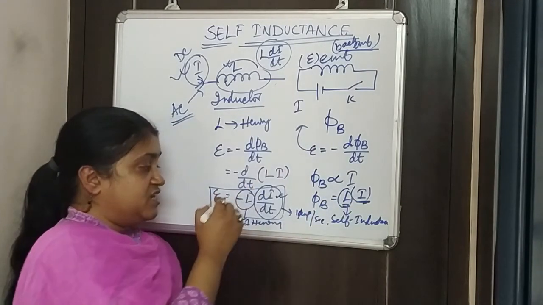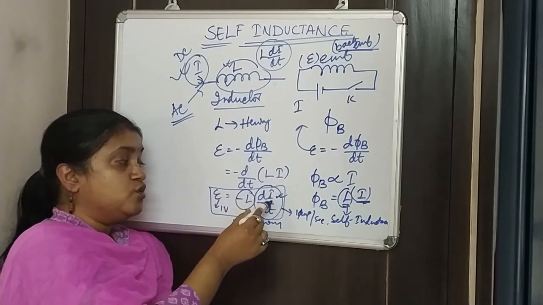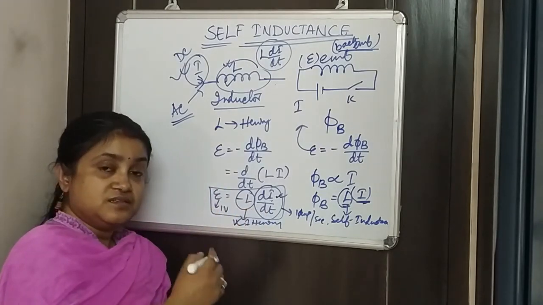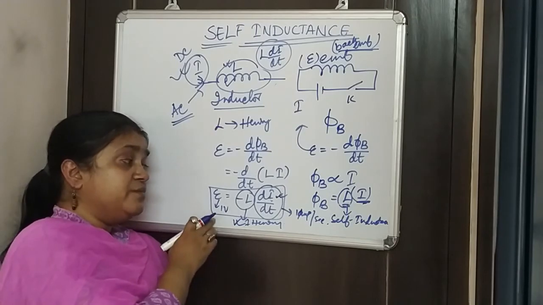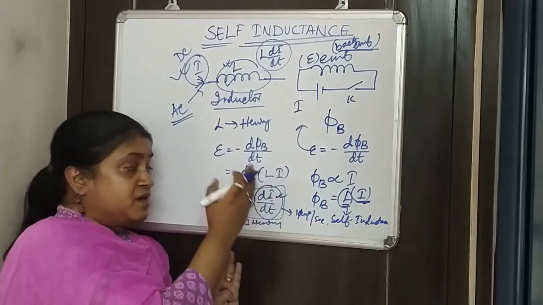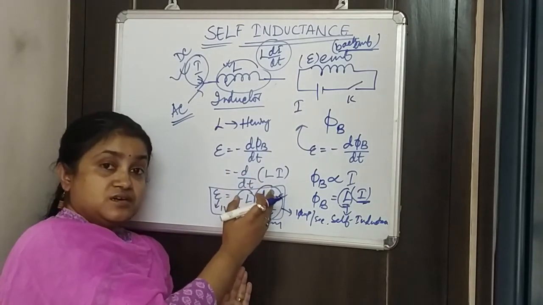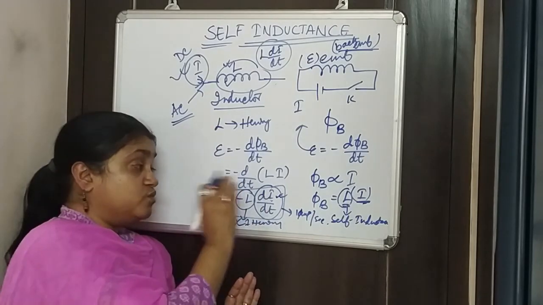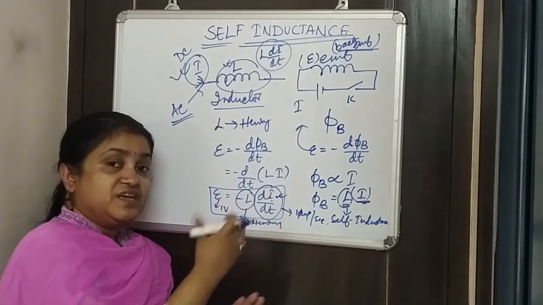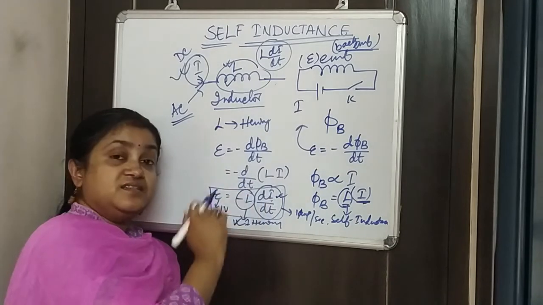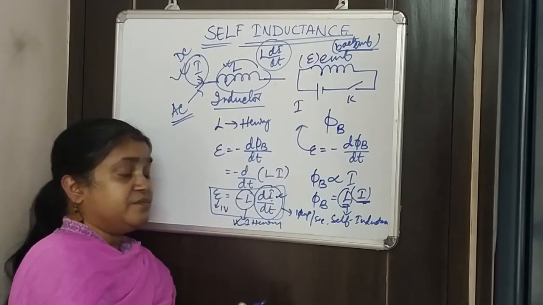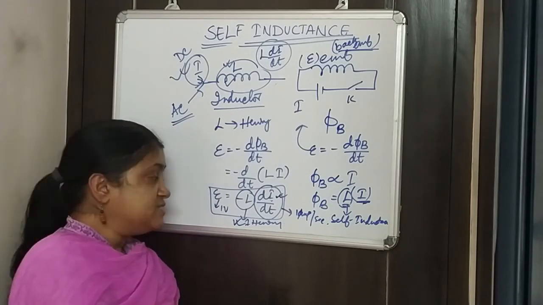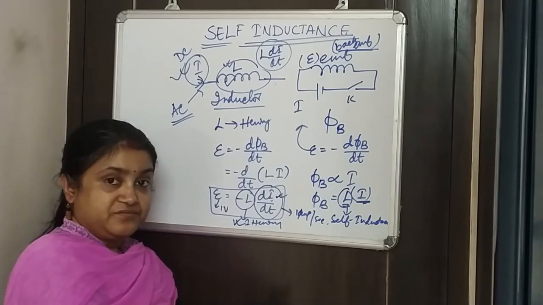So the EMF is directly linked to the change in the current of the circuit, and that is how this EMF would try to stop any change happening in the current in the circuit. And this particular EMF we have called the back EMF.